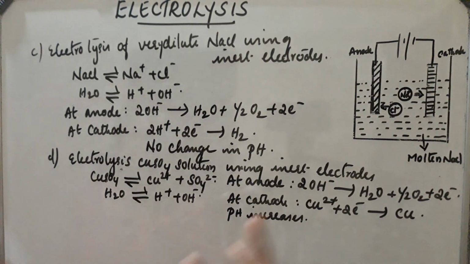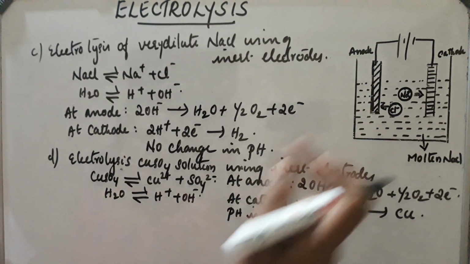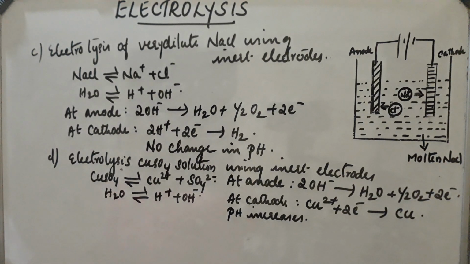H2 and O2 are obtained: H2 is evolved at the cathode and O2 at the anode, in the ratio 2:1. So there are different types of electrolysis taking place. This much about electrolysis.